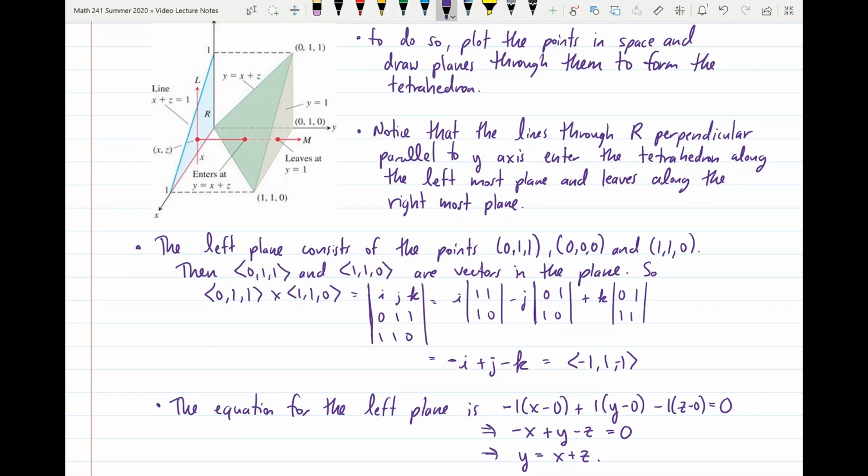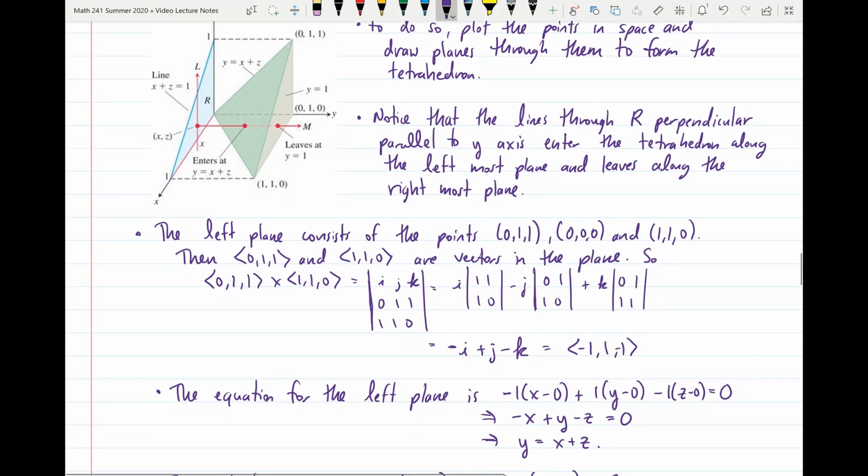So we want to find functions in x and z that express these planes, because those planes are going to be the lower limit and the upper limit for y.